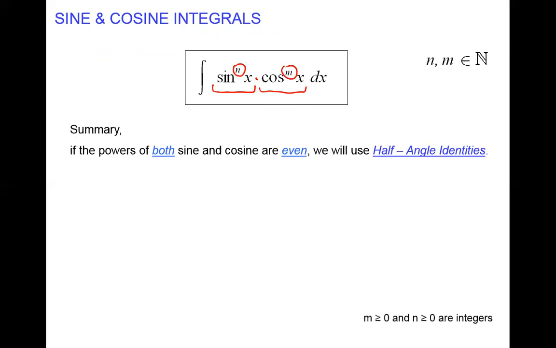First of all, let's start with n and m both being even numbers. Let's say sine square times cosine square, or sine square maybe times cosine to the power of 4. That means n and m are both even numbers. Then we will always use the half angle identity.